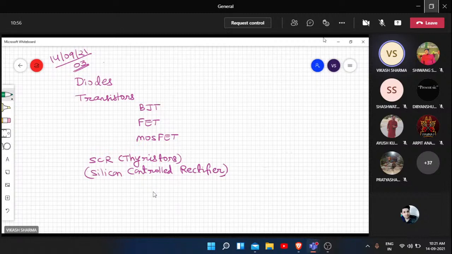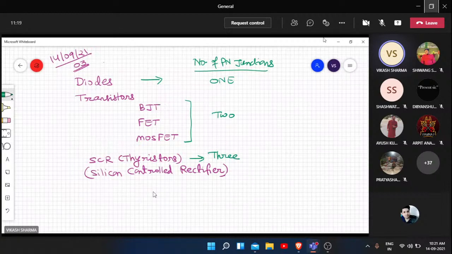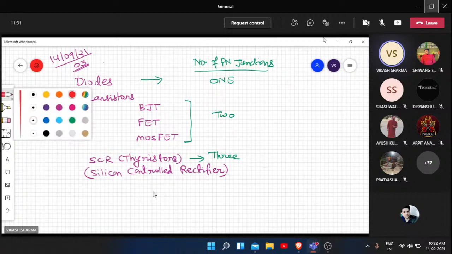Let me write some extra information for you. Number of PN junctions are different: one junction device, two junction device, three junction device. But one thing is common.